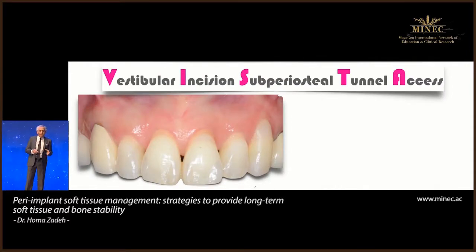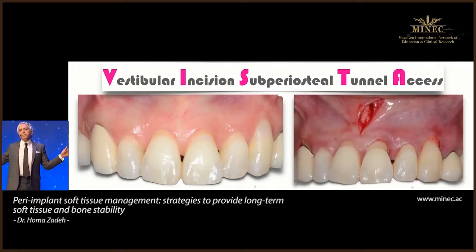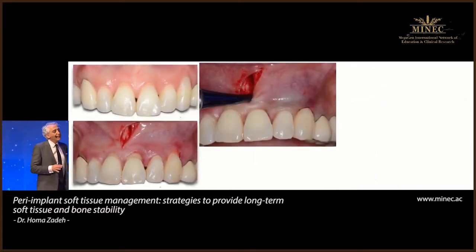So just to take you through the steps of what VISTA entails, VISTA means vestibular incision. So we make a vertical incision in the vestibule, and then from there, we make a subperiosteal tunnel. What I should say is that when we're working around teeth, a lot of time has to go into root preparation and cleaning the roots and reducing the root profile by odontoplasty.